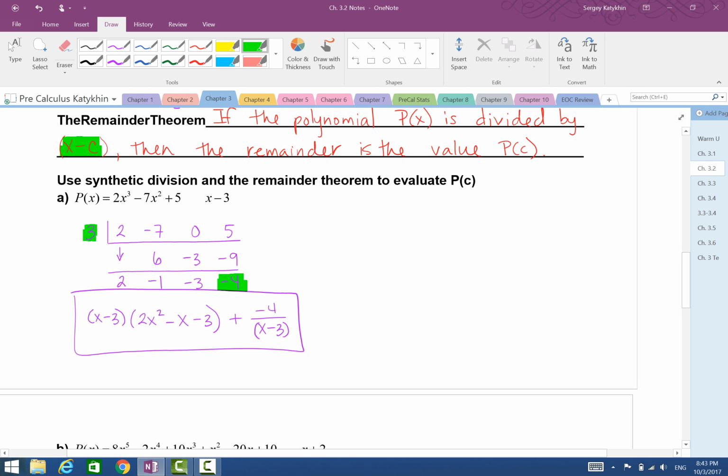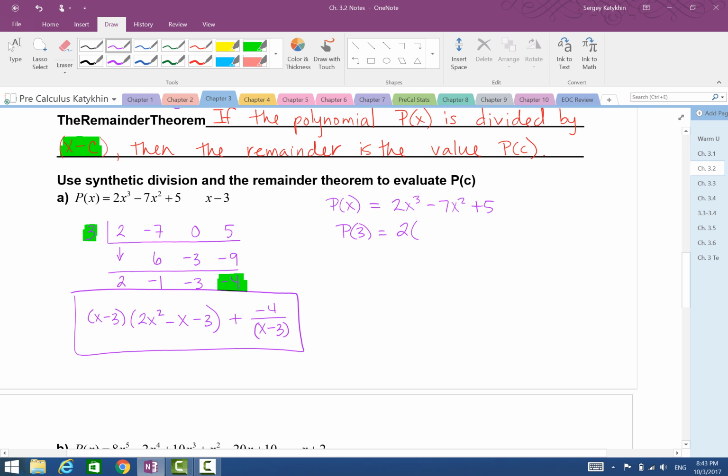So if I take 3 and this equation here, remember this is the equation they gave us, P of x is equal to 2x cubed minus 7x squared plus 5, what they want us to do is take that c, which in our case is 3, and substitute it for x and see what we get.